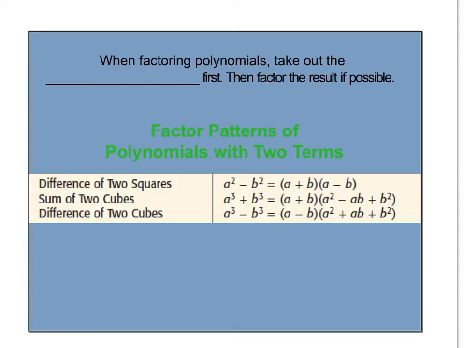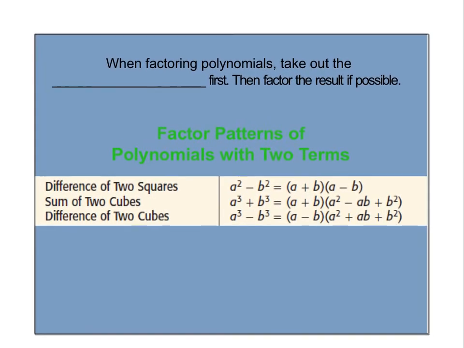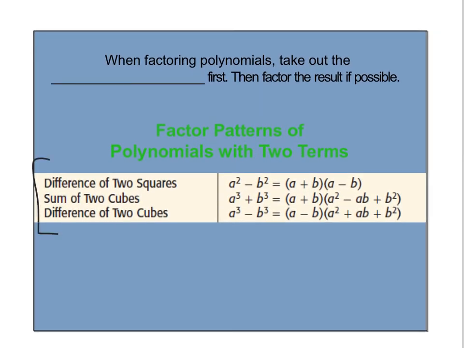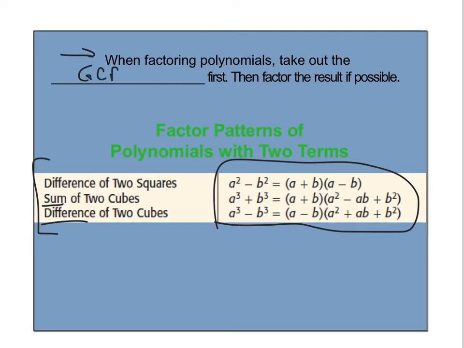So here is what I should look at now: when I've got a difference of two squares, which we just talked about, sum of two cubes, difference of two cubes, I would make sure that I've got this handy and nearby. When you factor polynomials, you take out the GCF first. First rule of factoring, pull out what's in common.